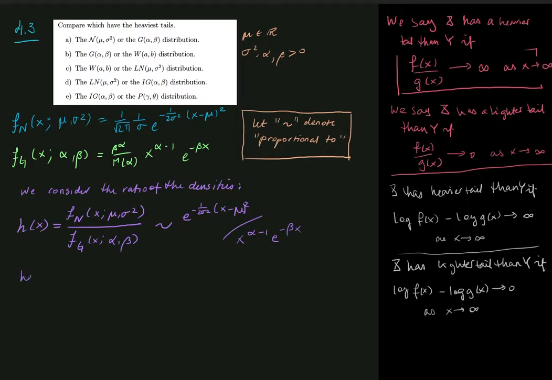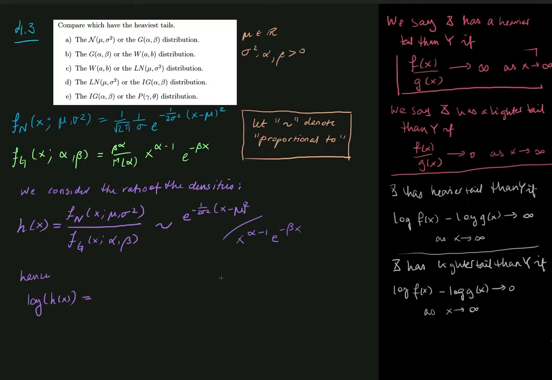So hence, the logarithm of h of x is equal to the logarithm of the numerator minus the logarithm of the denominator. That's actually just the same as taking the logarithm of this whole expression, right?